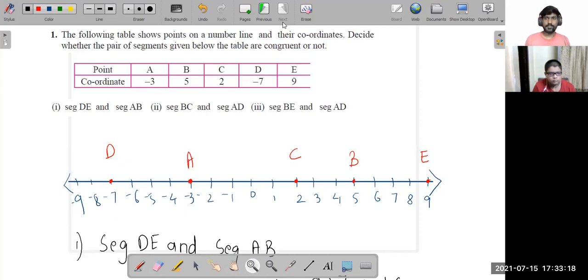Okay. What is the distance of BC? 3, sir. 3. And what about AD? How much is AD? 4, sir. How much? 4. Okay. So they are not congruent.